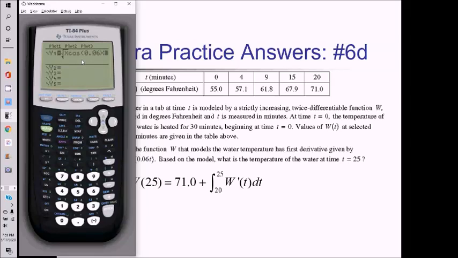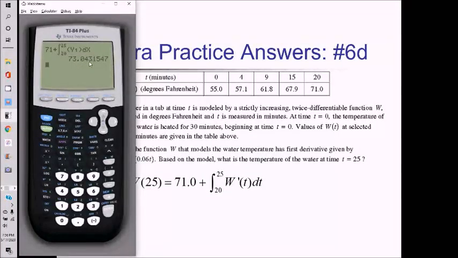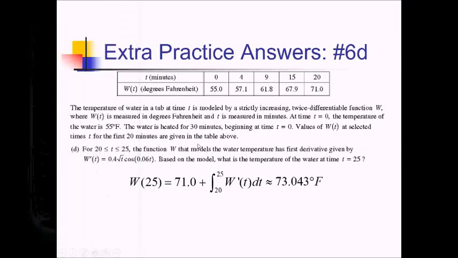Let's quit out of that. So I've got 71 plus, we're going to do math 9, and we're going from 20 to 25. Let me do alpha trace and pull up y1 out of there. And I'll put a dx. This all comes out to about 73.043, and that is going to be degrees Fahrenheit.